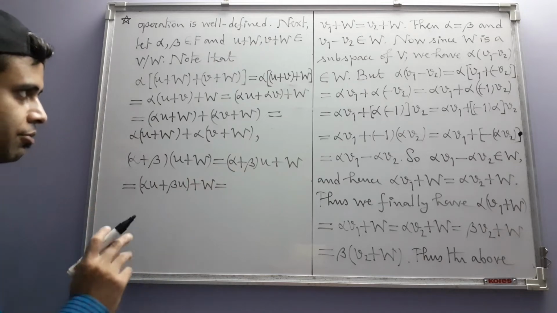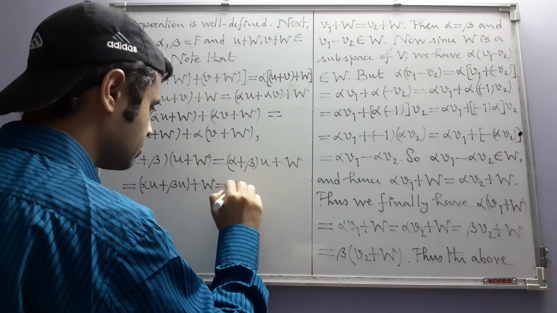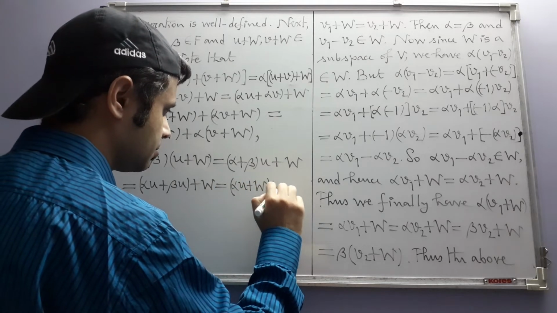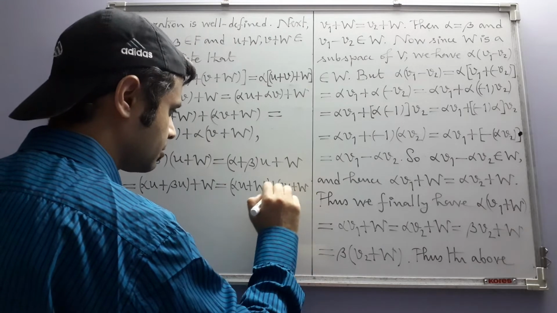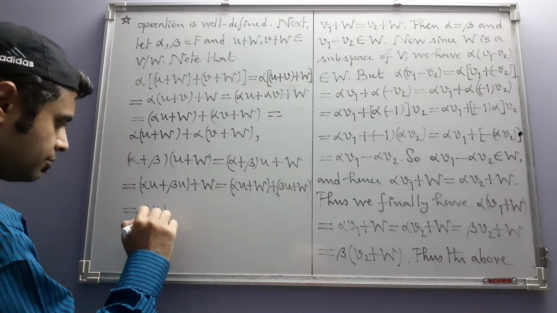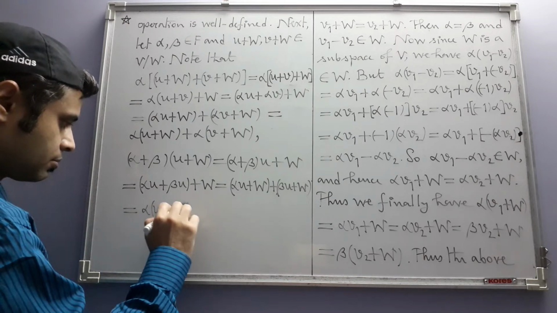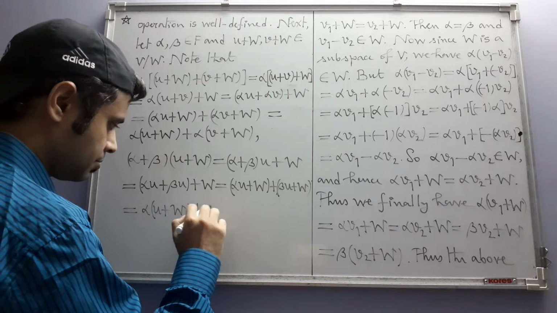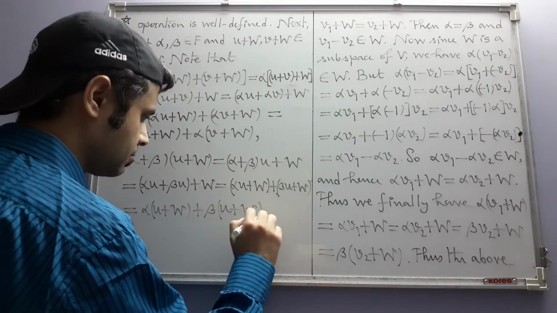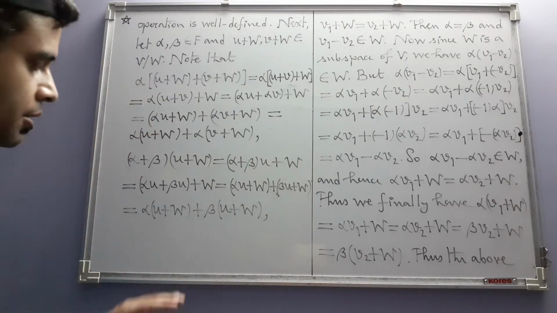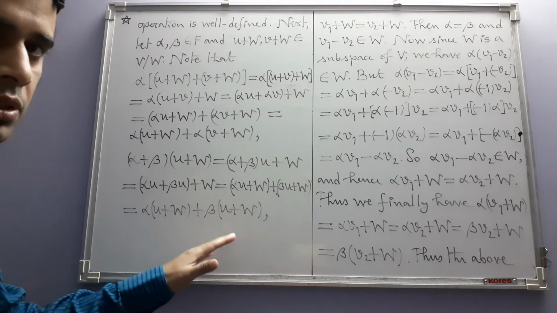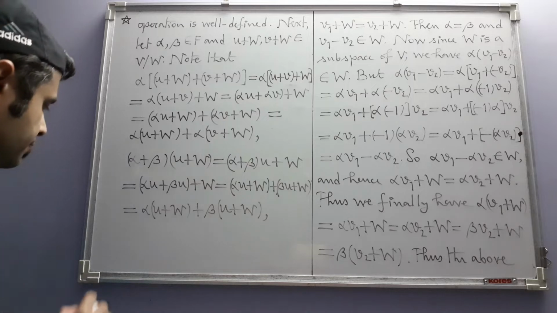Again by the definition of addition in the quotient group, this is alpha u plus w plus beta u plus w, which is equal to alpha times u plus w plus beta times u plus w. So the second axiom has also been verified to be true. This of course again is coming from our definition of the second operation in V by W.